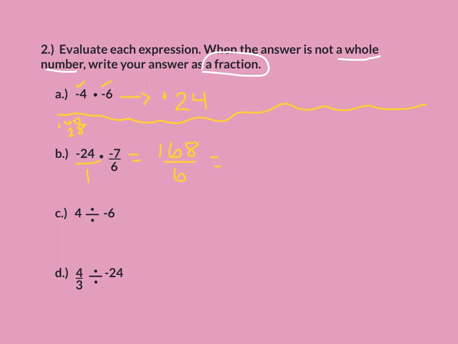So 6 doesn't go into 1, so we'd start there. 6 does go into 16 2 times, and 2 times 6 is 12. 16 minus 12 leaves us with 4, so that gives me 48. So I put the 4 there.